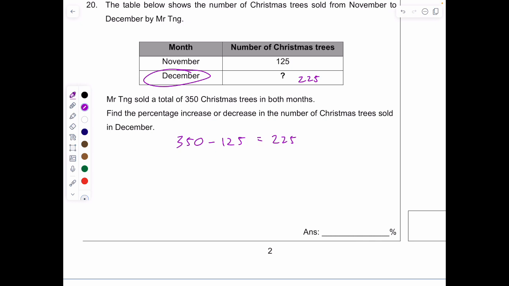So 225 is over here. And then we need to find the actual difference. Okay? So the actual difference would be 225 minus away 125, and my answer would be 100. So now that the difference is 100, we take the original as 125 and then we multiply by 100%. So this will give me 80%.